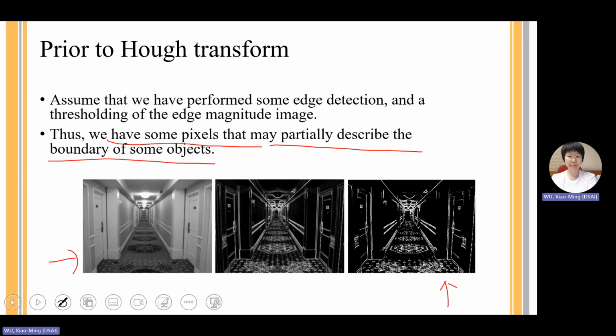For example, there should be a straight line here, and another straight line here. Instead, on the edge map, these straight lines are only described by some pixels, which means we don't get the full lines.